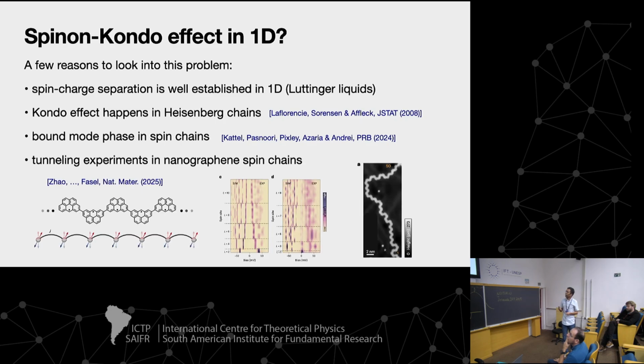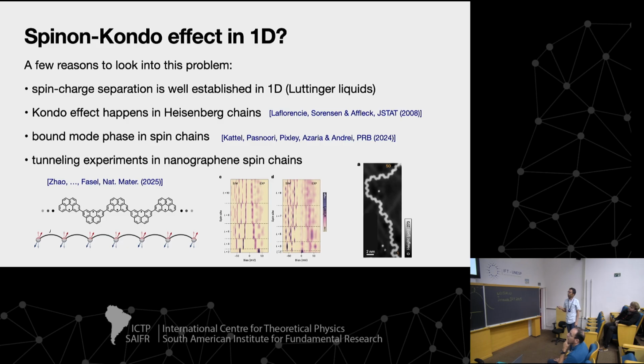And finally, there have been some very interesting experiments recently, new versions of spin chains where you can do tunneling experiments. These are so-called nanographene spin chains, where you put together these clusters of carbon atoms, and depending on the form and the shape of the cluster, you can get a spin 1/2 per unit cell. And this is the tunneling response for chains of different lengths of order 10 here as a function of energy.